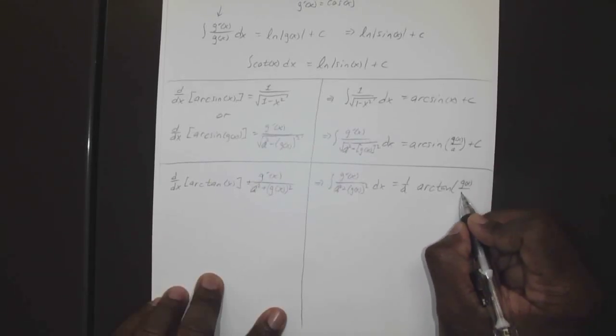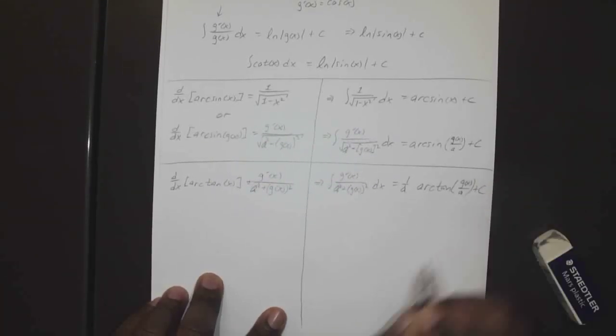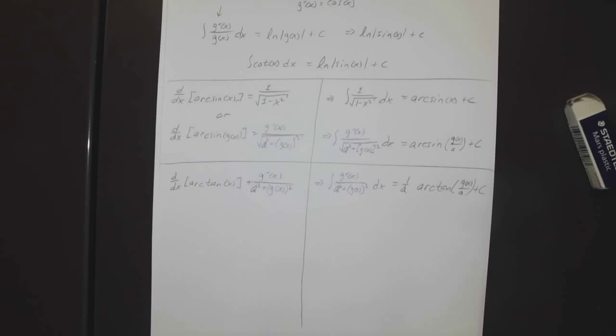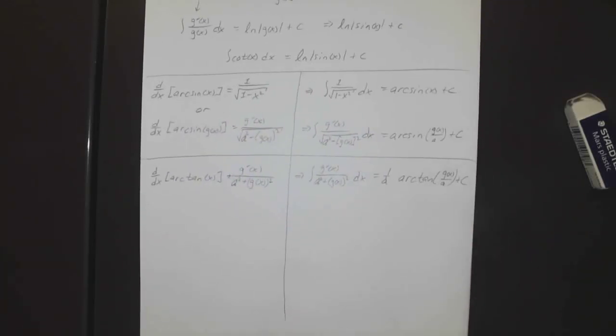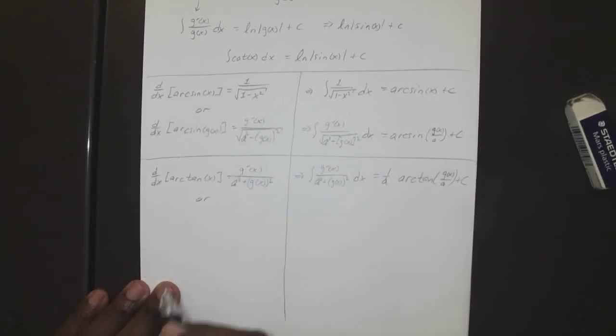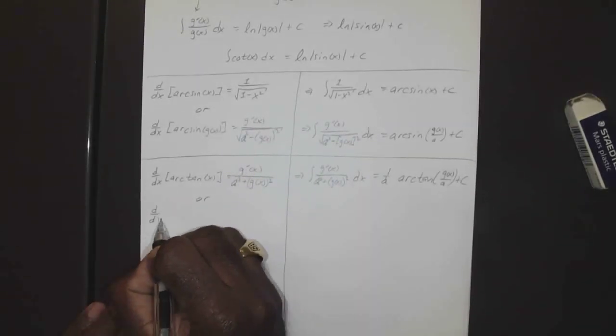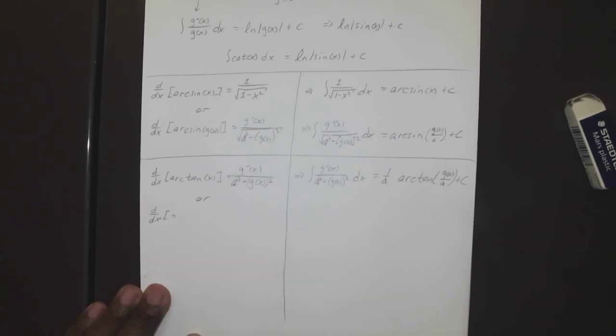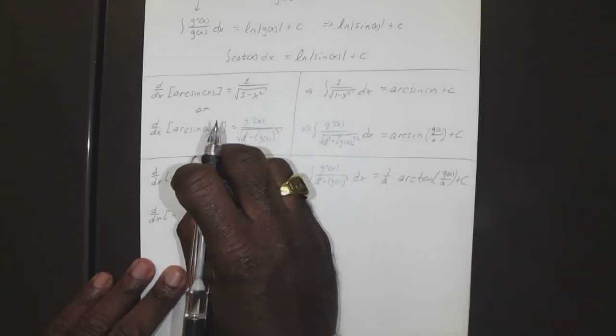So g of x over a plus c. Okay. So if you had just 1, I'll go ahead and rewrite it with just 1. Oh, that should have been g of x.